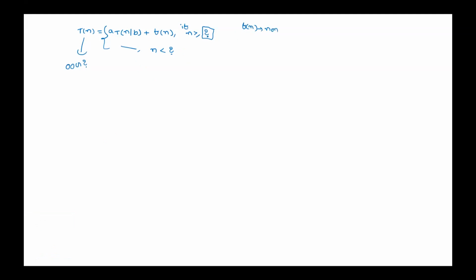Because it is the amount of work we do in the divide step and combine step, which definitely cannot be negative. Now, whatever T of n is given to us, can we write it as f of n plus A times T of n by b? Is this correct?